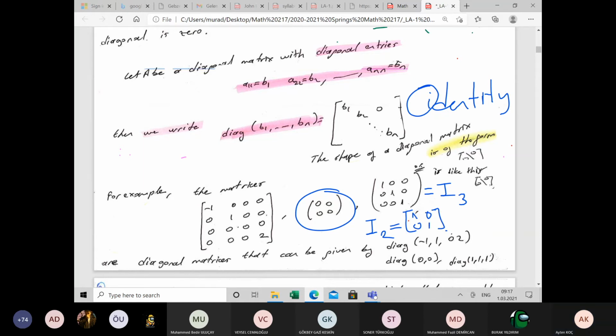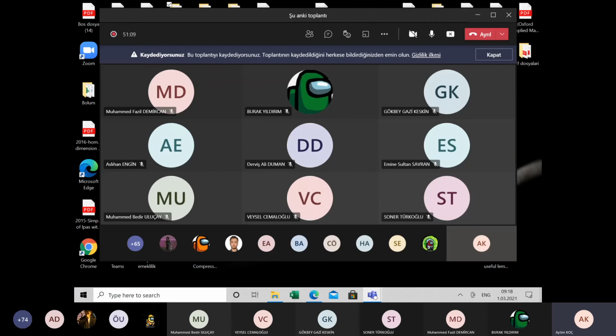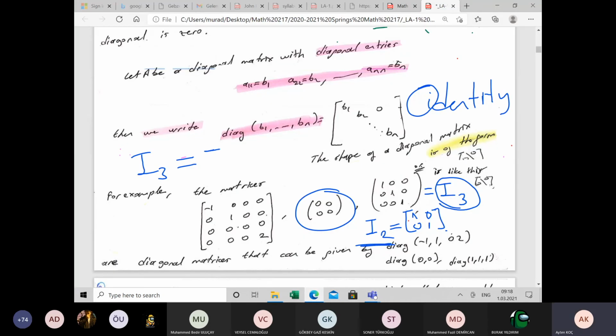This one is an identity matrix of dimension 2, and here is an identity matrix of dimension 3. They are not equal. I sub 3 is not the same as I sub 2. It is different because the dimensions are not the same.